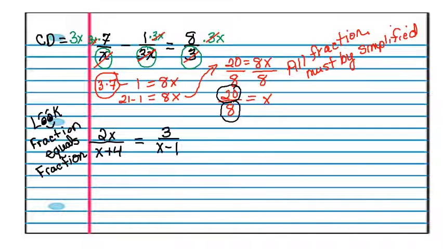Greatest common factor between 8 and 20, 2, 4, 4. So 5 over 2 equals x. Second thing I'm going to tell you is that because you began with all these fractions here, it's almost a sure bet. You have that occasional one where it comes out even, but it's almost a sure bet that you're going to end up with a fraction as an answer.